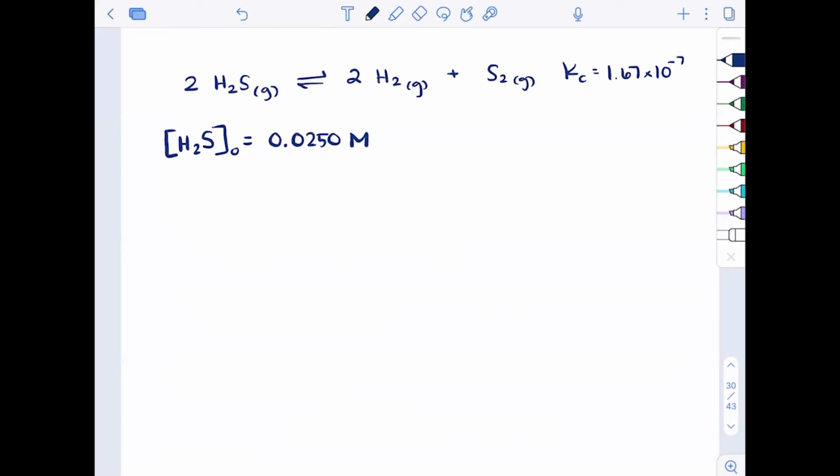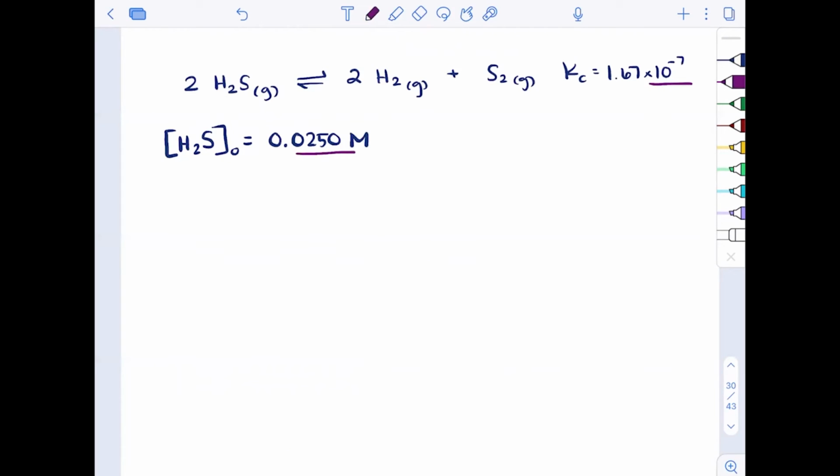We use the 5% rule, which tells us that if we calculate without the x value, we can assume that x is going to be small. Noting that here, this is not a huge amount, but this is a very, very small amount for Kc.